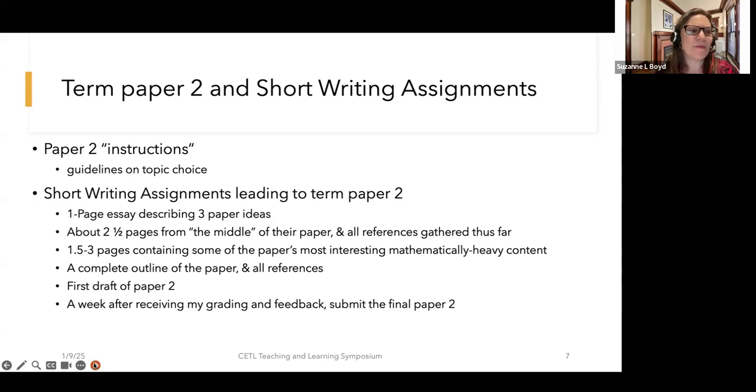And then 2.5 pages from the middle of their paper, like a subtopic. I'll tell them, what got you hooked on this idea? What were you thinking of? Maybe write kind of like a mini paper with your references. And then instead of doing a math problem, they focus on the mathier part of this paper and write up some of that the next week, and then an outline, the first draft, and then the revision. So those are the ways that I've broken down the paper for them.